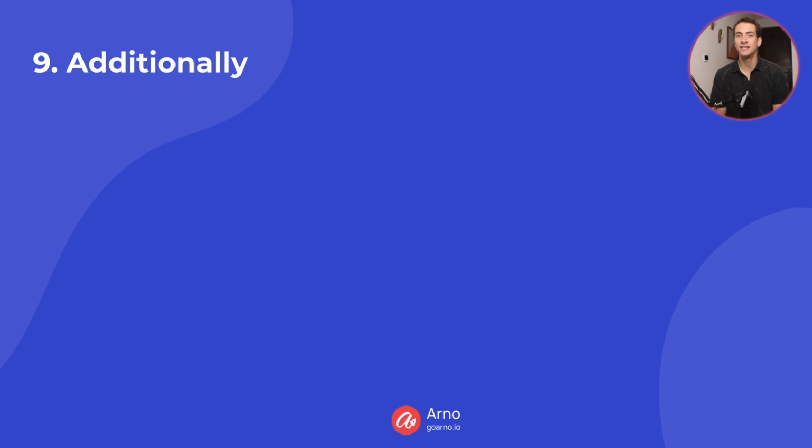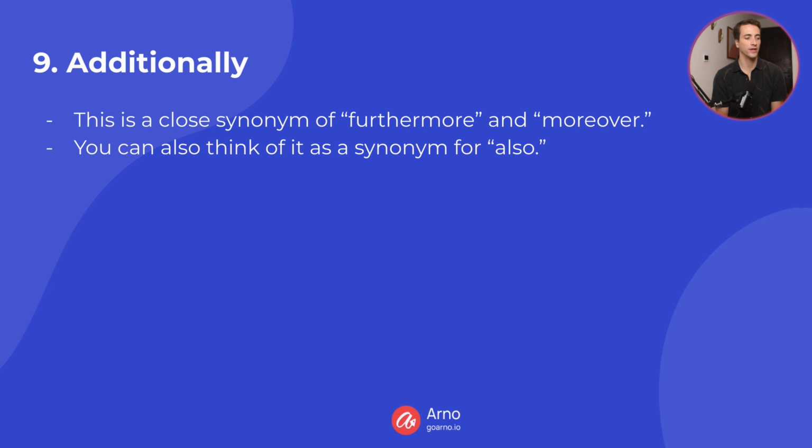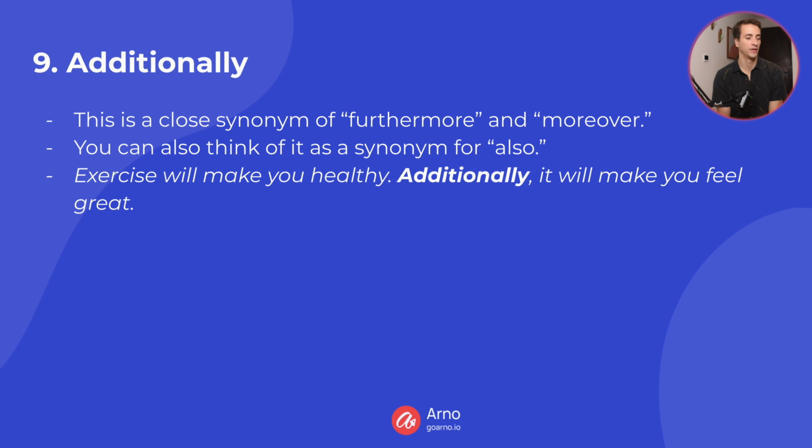Number 9, additionally. This is a close synonym of furthermore and moreover in the sense that it shows a continuation of ideas. You can also think of additionally as a synonym for also. For example, exercise will make you healthy. Additionally, it will make you feel great.